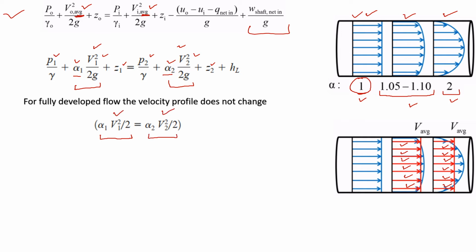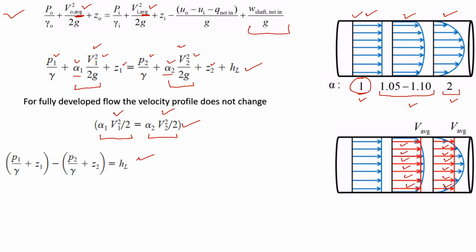There will be no change because the flow is already fully developed. This is our assumption. So by making this assumption and putting it in this equation, this is what we will come up with. So this is our equation for the head loss.